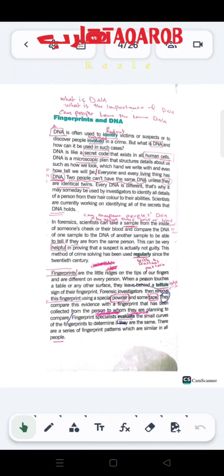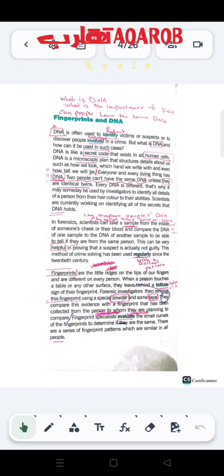Now, part 2 of the article talks about fingerprints and DNA. Let's start reading. DNA is often used to identify victims or suspects or to discover people involved in a crime.